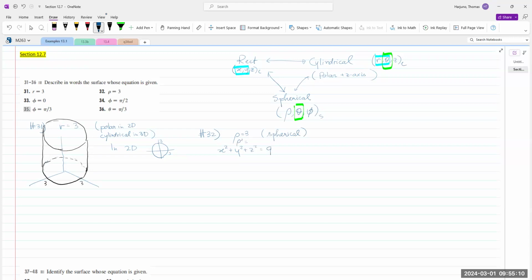Because rho squared equals 9. And in cylindrical coordinates, there will be r squared plus z squared equals 9. I keep on saying polar, I mean cylindrical.